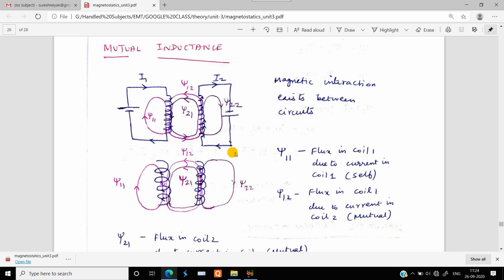Since these two fluxes are going to be in the clockwise direction, the mutual fluxes are going to be in the same direction also, because we are having the clockwise rotation of the flux in the self-inductance also. But since these two are represented in the same clockwise rotation of the magnetic flux, the mutual fluxes are also going to be in the same direction.